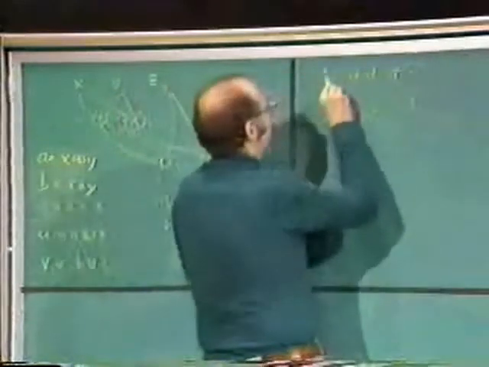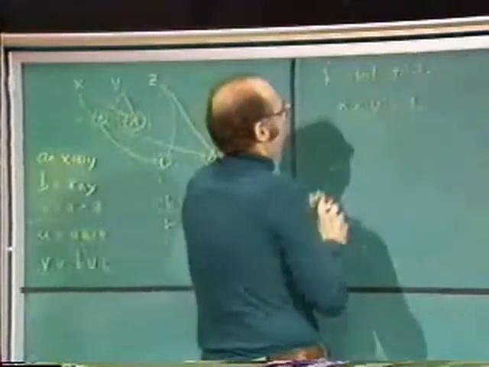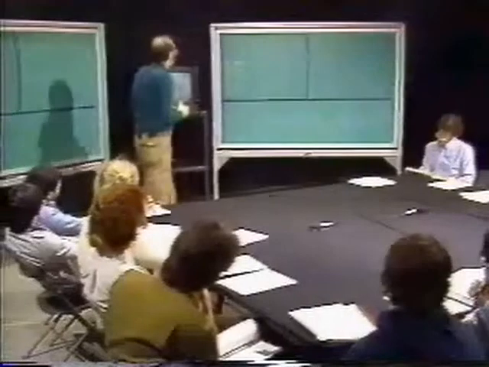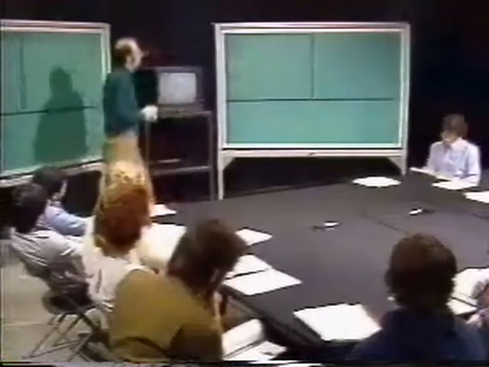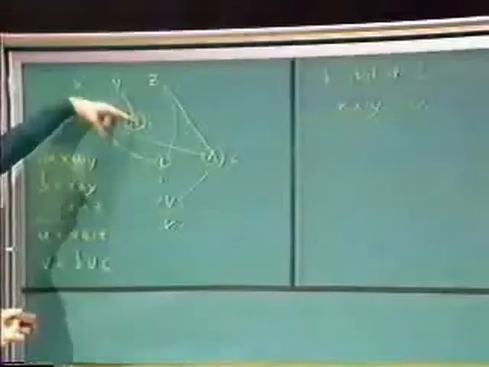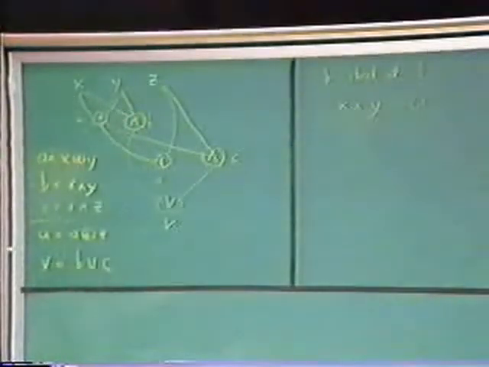Okay. How about B stuck at 1? All right, so here we've got B stuck at 1, and we want to get it through to our output V. You need either X X 0 or X X complement anything.